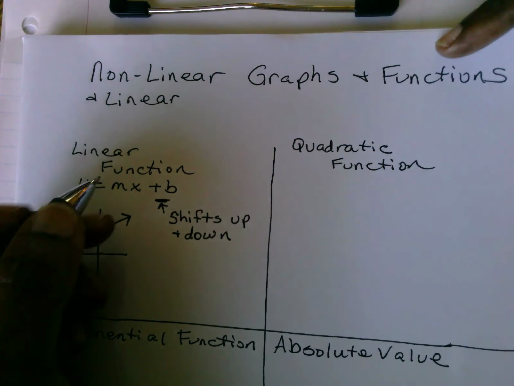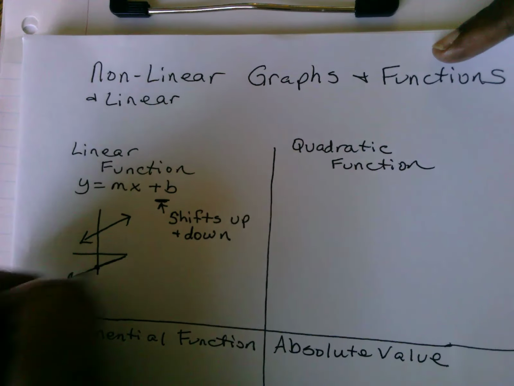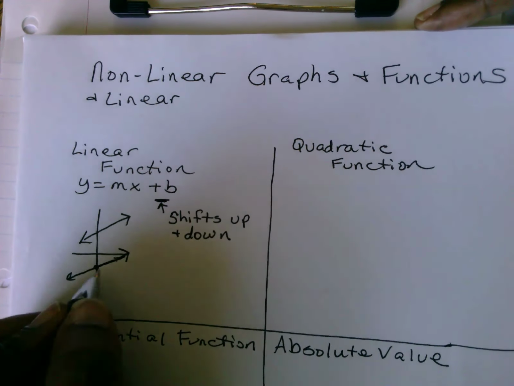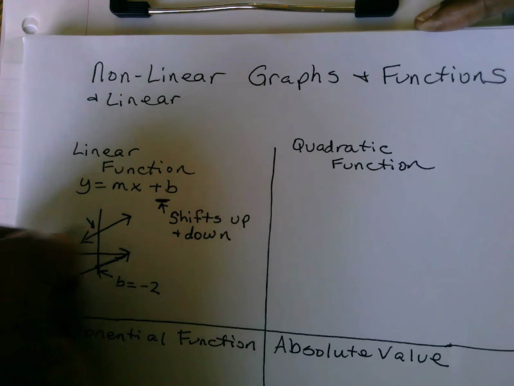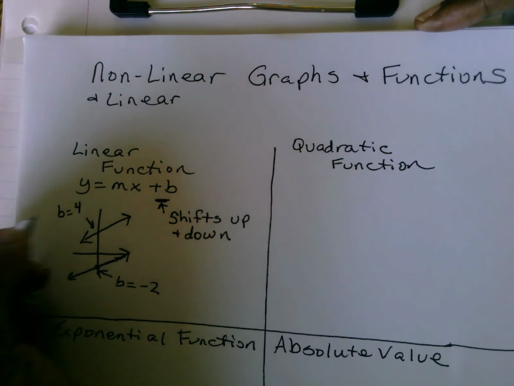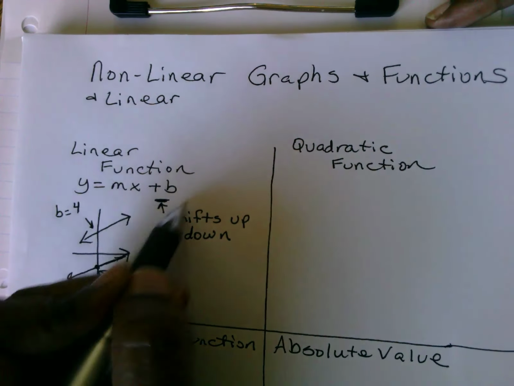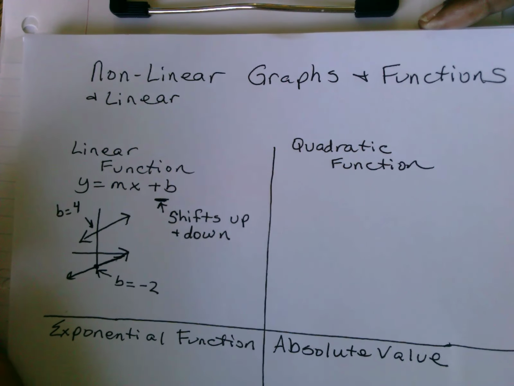So if the b is negative, it could be down here. This b is like at -2, and this b might be at 4. So understand what the plus on the end does, okay? The slope of the graph changes how it's slanted. So both of these are positive and the slopes are the same.